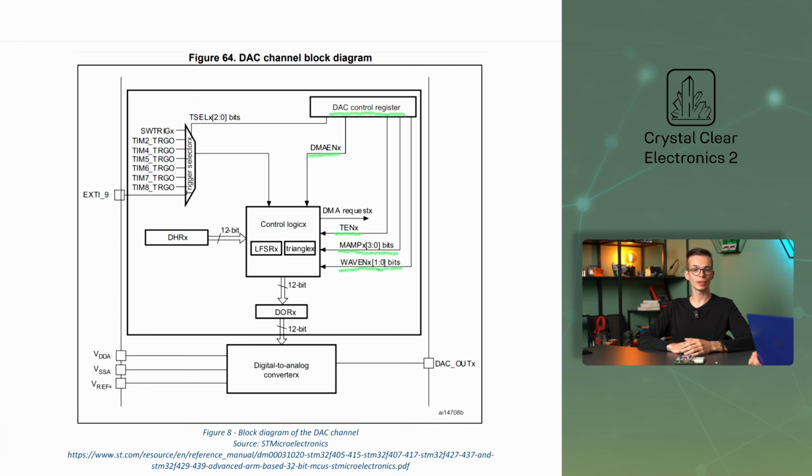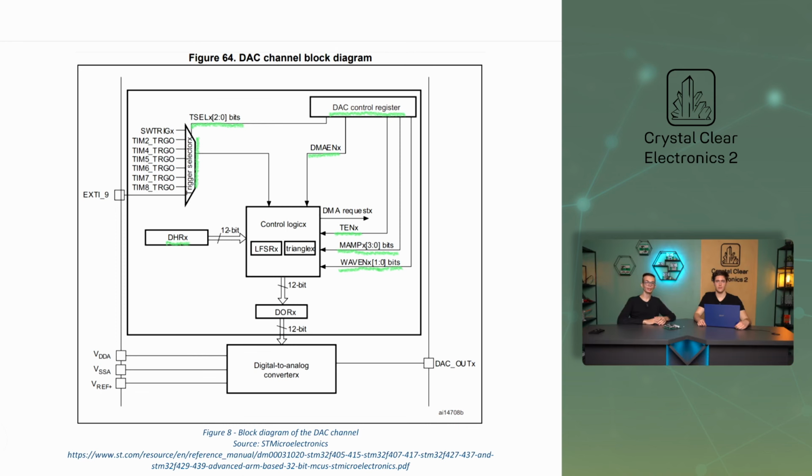The trigger selector transmits the trigger condition set in the control register to the control logic. The conversion can be triggered by the counter, external signal, or software. If these triggering options are not used, the outputs of the DAC will be updated after every clock cycle, but with any triggering option, this will only occur every 4 clock cycles.